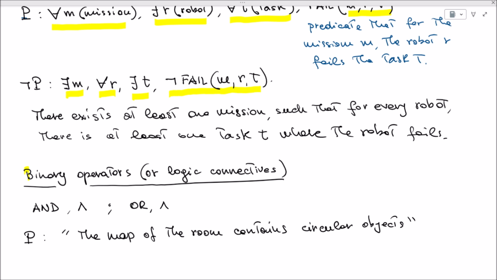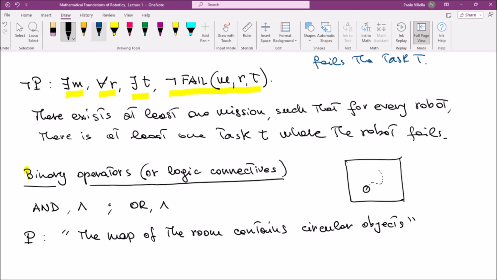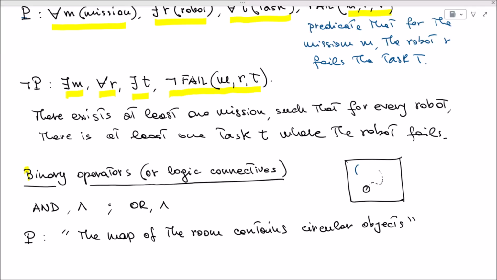So we are thinking about having a map of a room where a robot is moving, and the robot needs to build a map of the environment, and we are assuming with this first proposition P that all the obstacles that are in the room are circular.